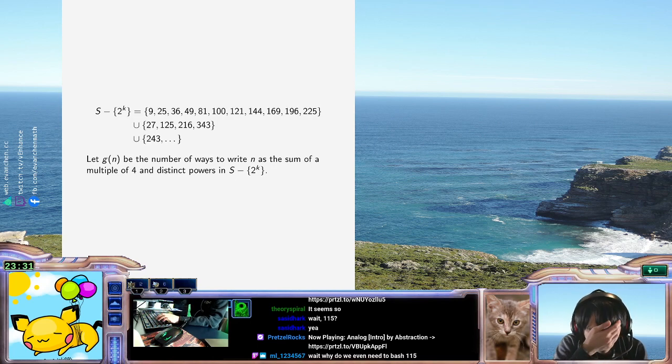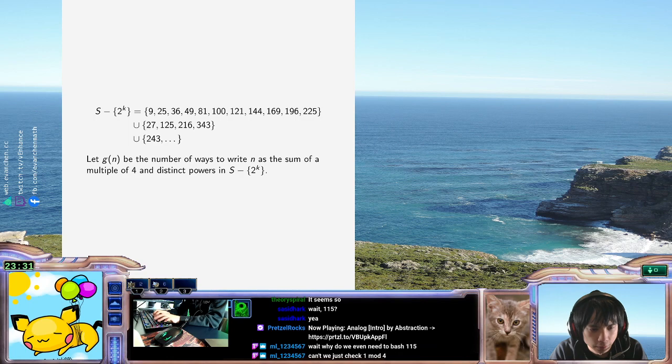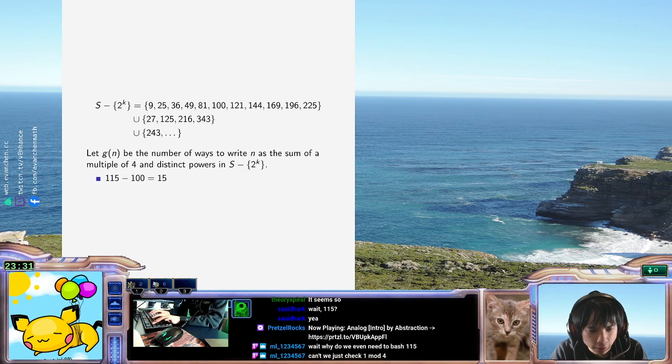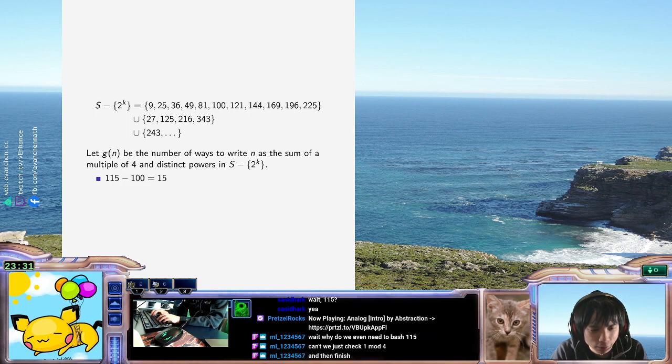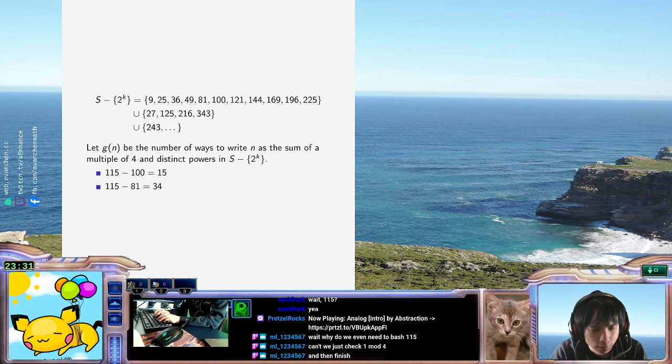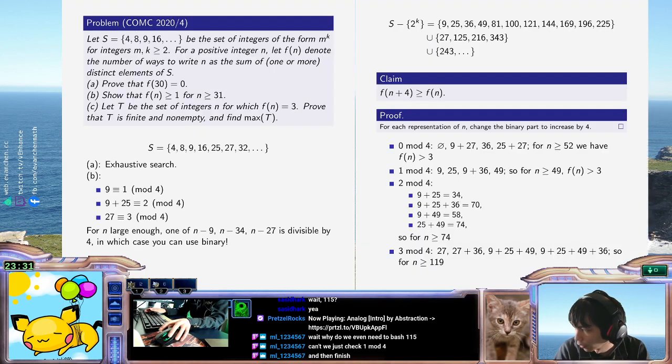So let's use casework on the largest number. The largest powers that are beneath this are 15. 81 is 34, which does work. Can we just check 1 mod 4 and finish?